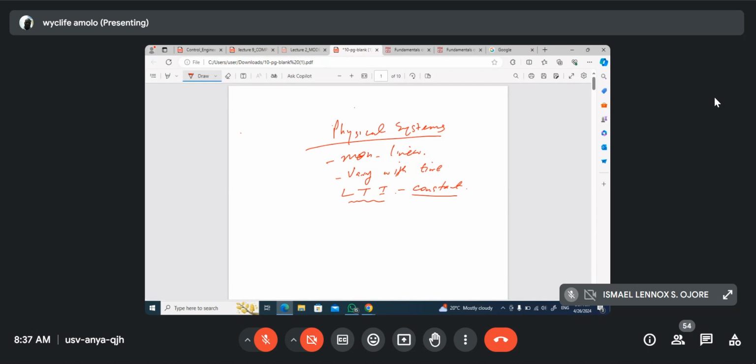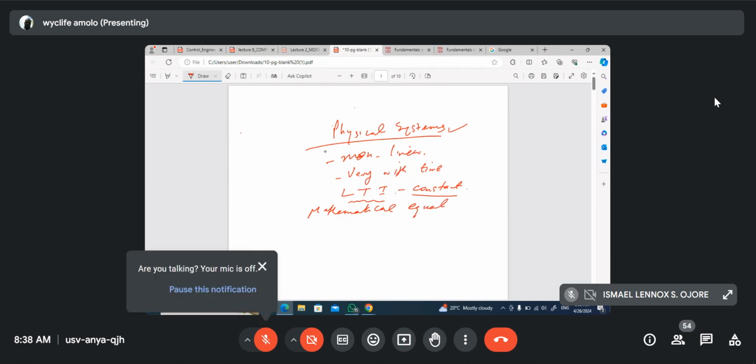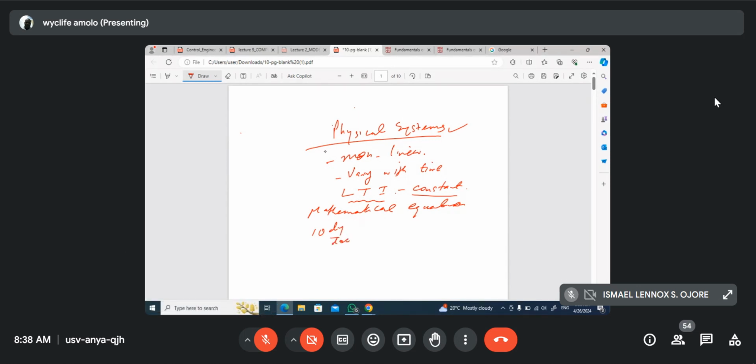So you find that if you are given a physical system equation, or maybe a mathematical equation, maybe you have 10 d²y/dx² plus 5 dy/dx plus maybe 10 is equal to 20x, like that.